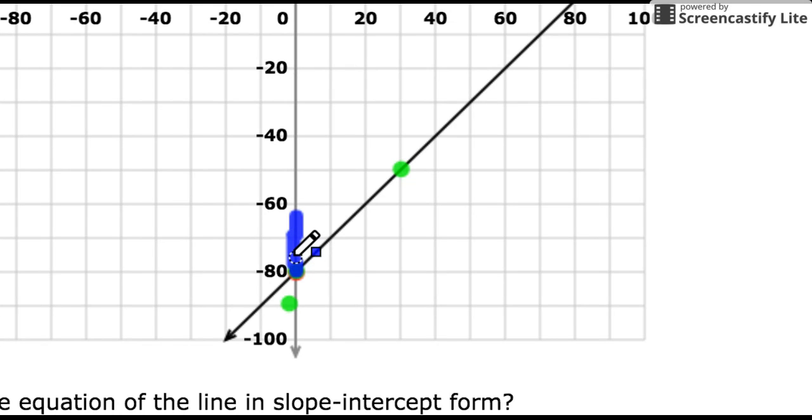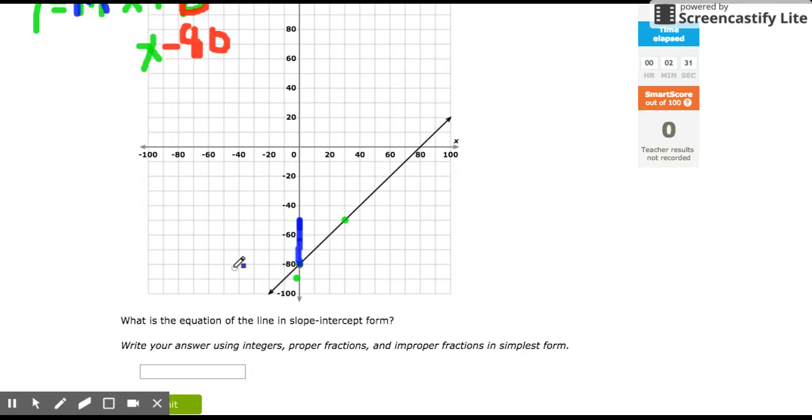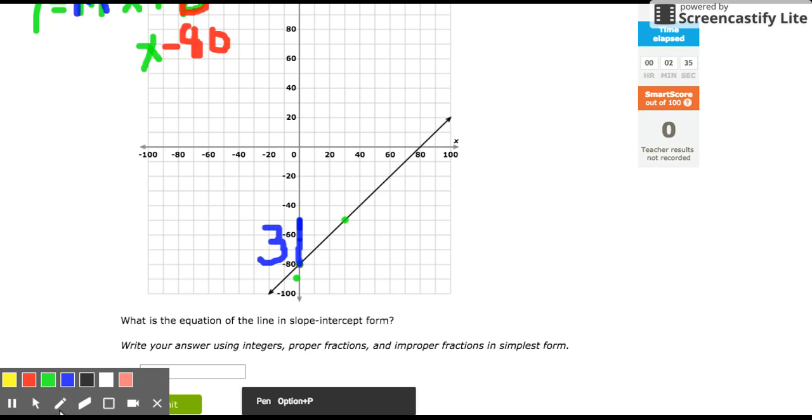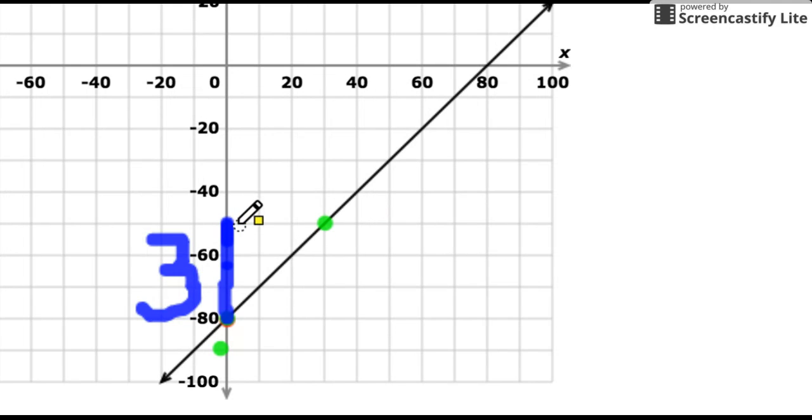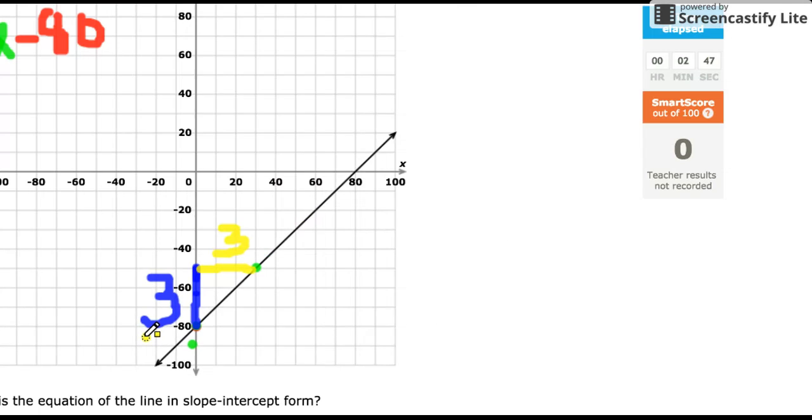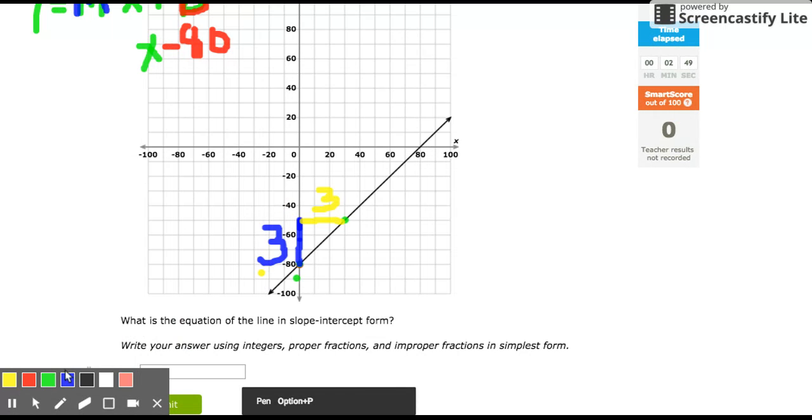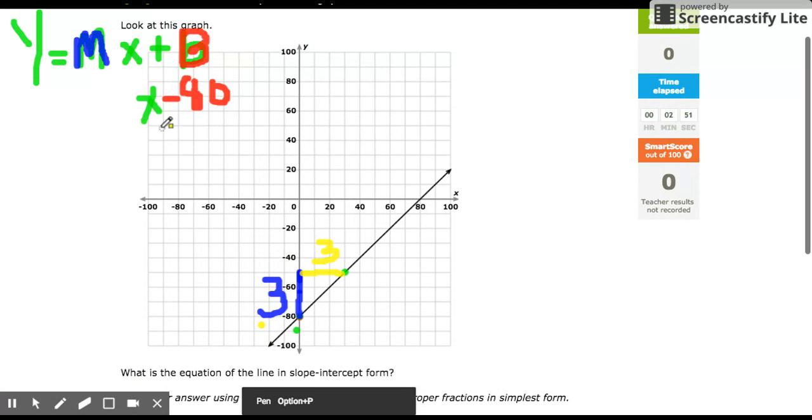I'm going to go up 1, 2, 3. And then how many am I going to run? So that was 3. My rise was 3. And now my run, I'm going to use yellow. I count 1, 2, 3. So 3 over 3. That's your slope.